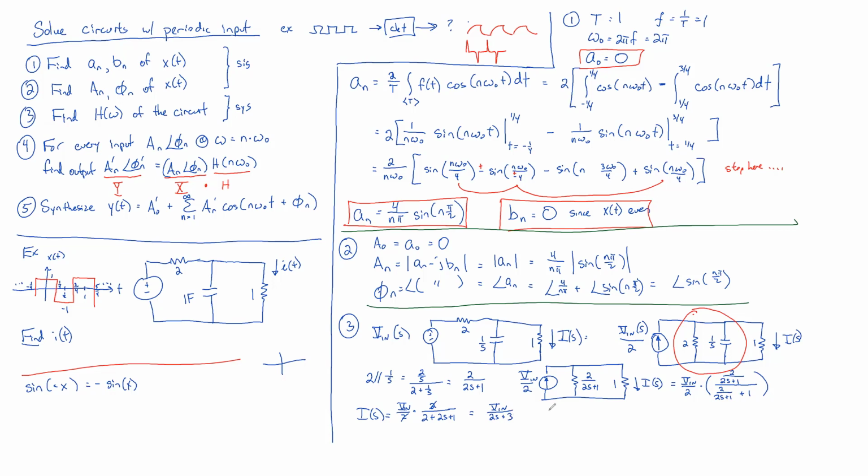And now I can find my H of s. It's defined to be my output over my input. So what would it be? Who are you up to? Phil.